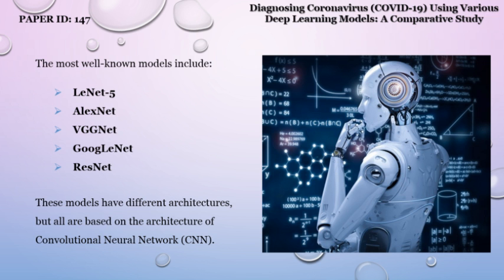The most well-known models include LeNet-5, AlexNet, VGG, GoogleNet, and ResNet. These models have different architectures, but all are based on the architecture of the convolutional neural network.